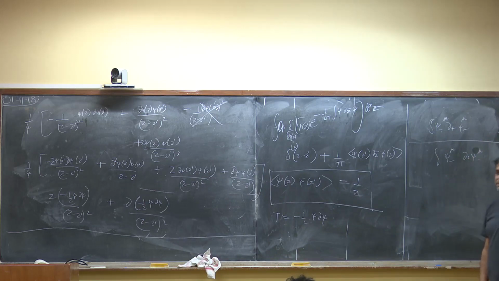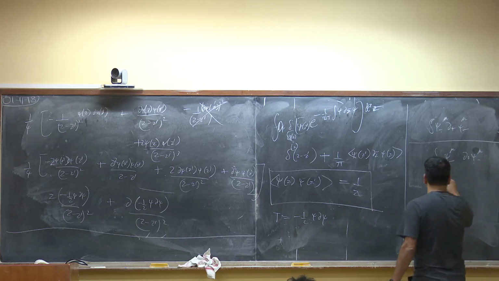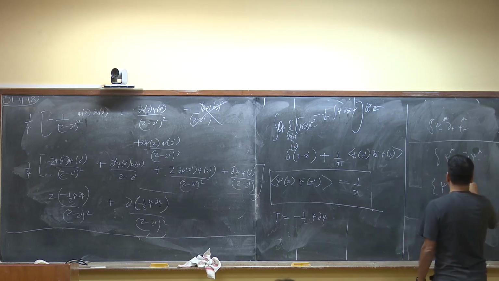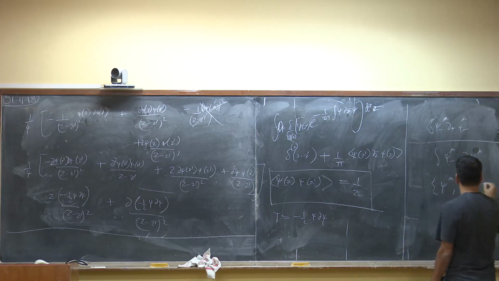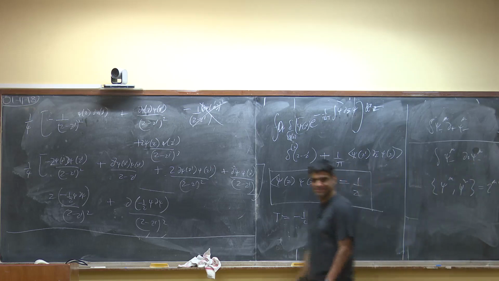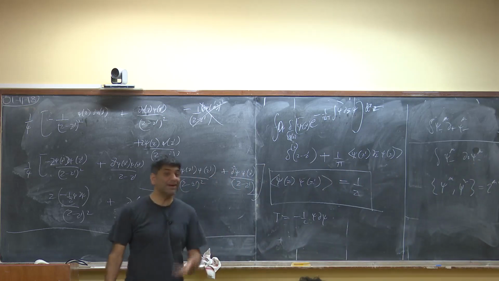What is the quantization of this structure? This is like coordinate and momentum, but with anti-commutation. We'll do this properly at some point, but you all know, right? The psi mu, psi nu. Clifford algebra, exactly.